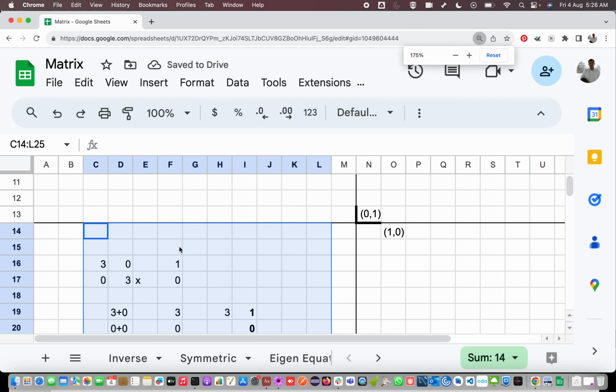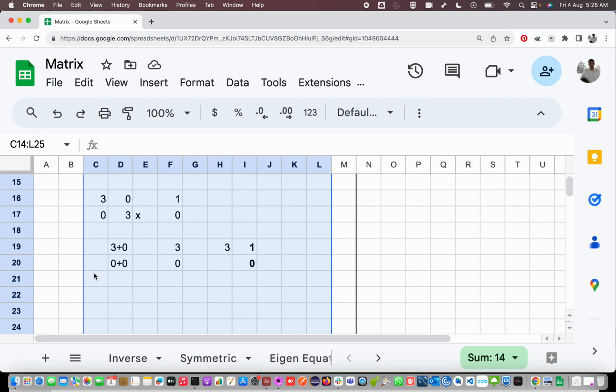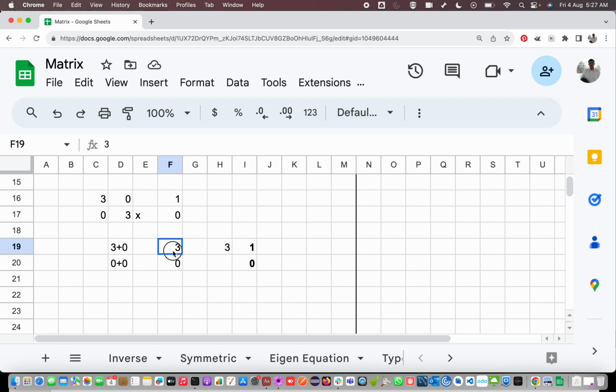So this is my original matrix, and I am multiplying with 1 comma 0. These matrices are compatible, so they can be multiplied. So it becomes 3 comma 3. So my original vector 1 comma 0 has been scaled up to 3 comma 3. If I take 3 out, it becomes 3 times my original vector.